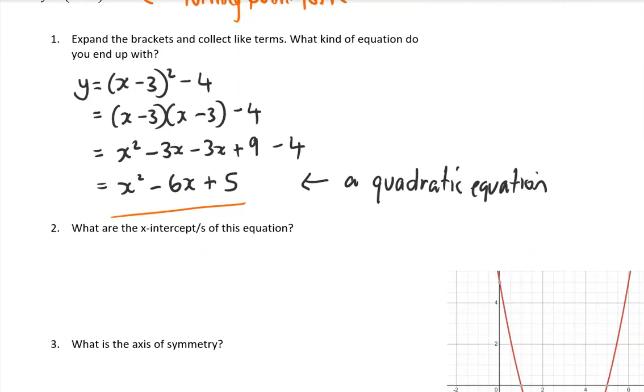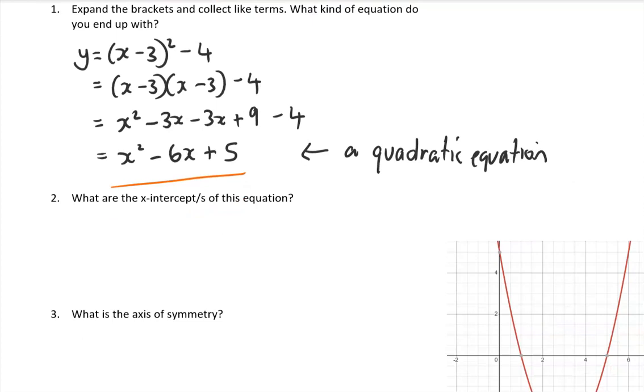So let's identify the x-intercepts. We can do it one of two ways. If we start with the function that we've just expanded, y equals x squared minus 6x plus 5, we can then solve. How do we find x-intercepts? X-intercepts occur when y equals 0. So we're going to let that function equal 0: x squared minus 6x plus 5.